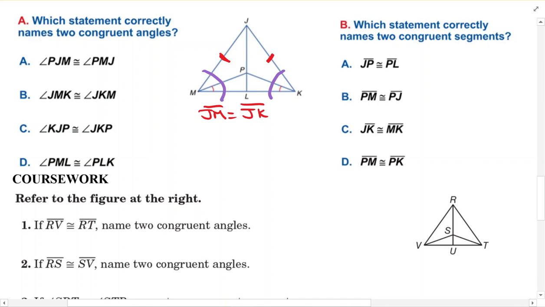So this would be JML or JMK. So the first one that has JMK here is this one. Is it JKM? So JMK and JKM, that would work.